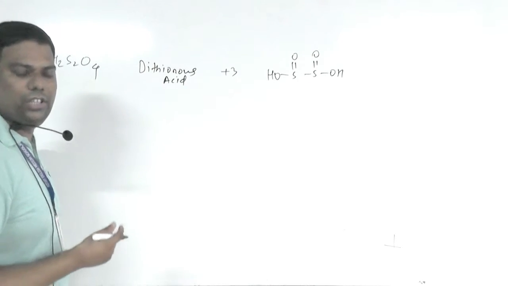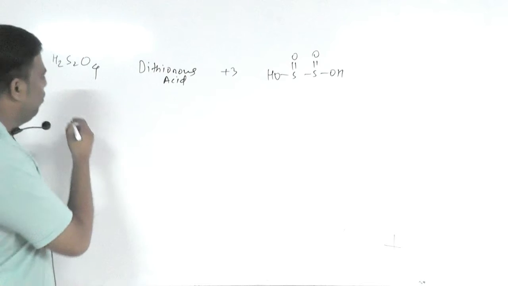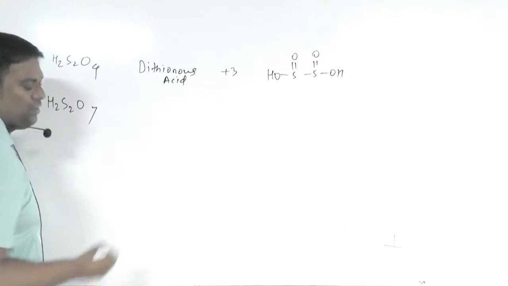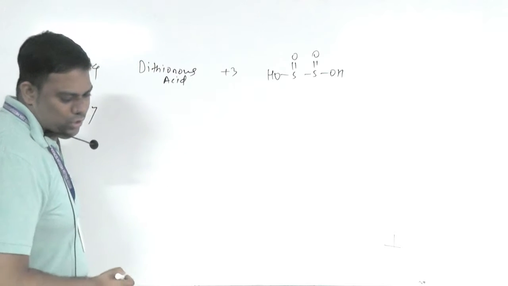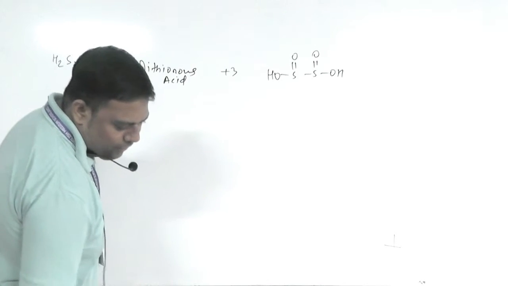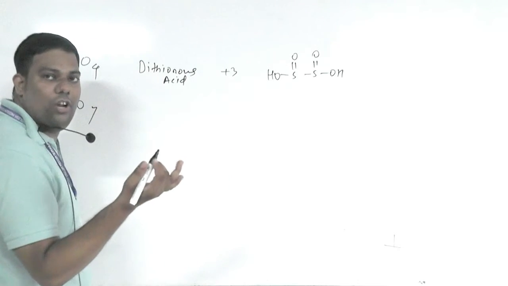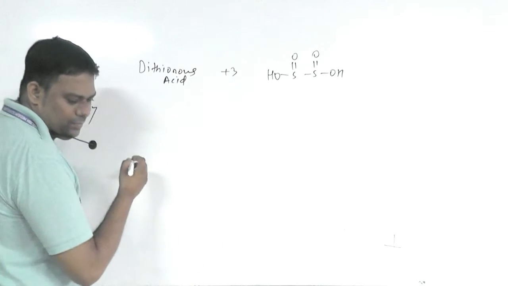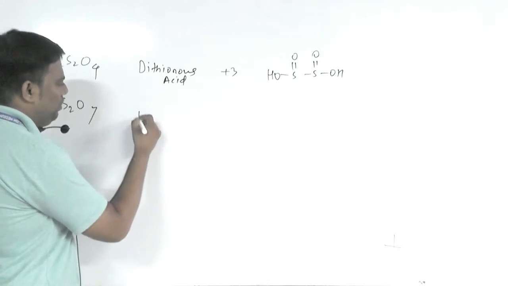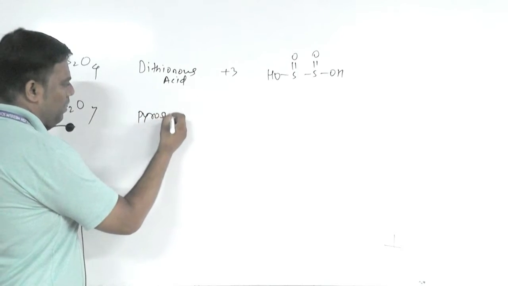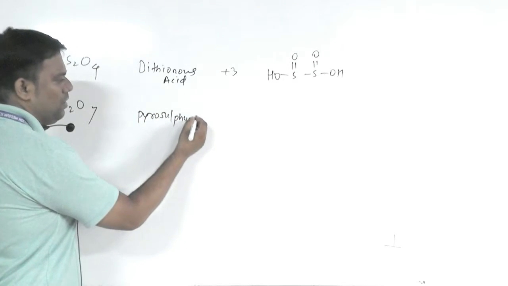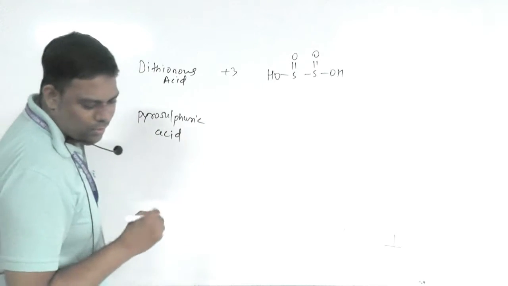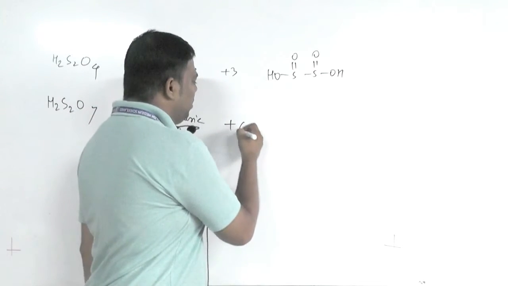After H2S2O4, we will move towards H2S2O7. H2S2O7 is simply disulfuric acid, or we can call it pyrosulfuric acid. What oxidation state does sulfur have in this?